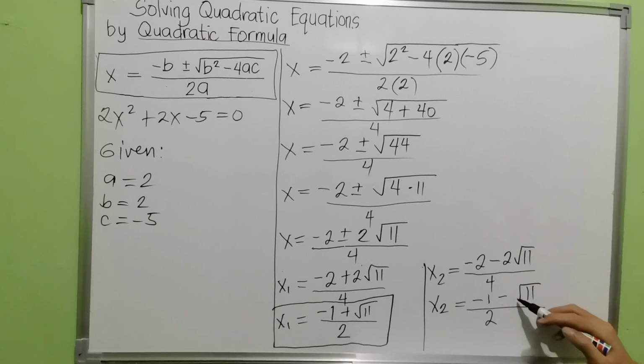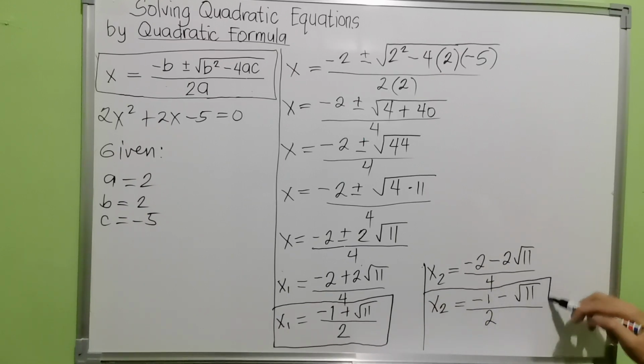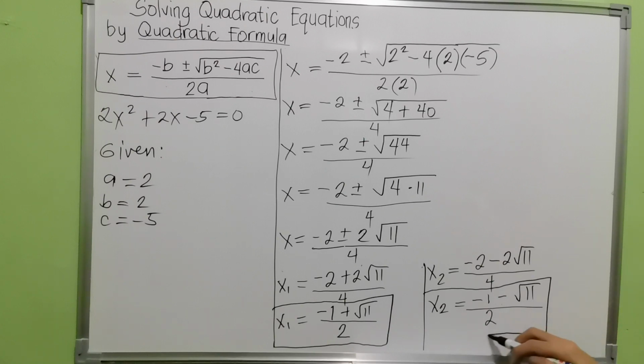The answer for x sub 2 is negative 1 minus square root of 11, divided by 2.